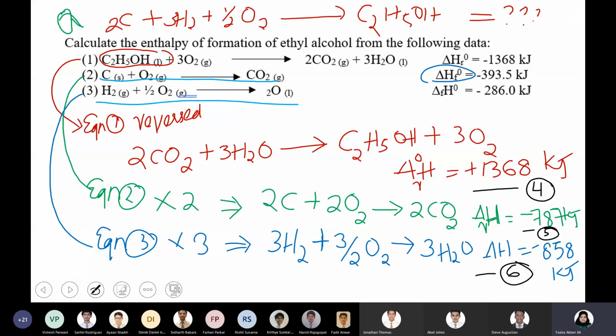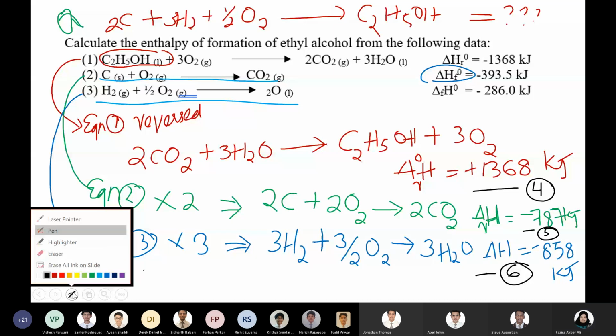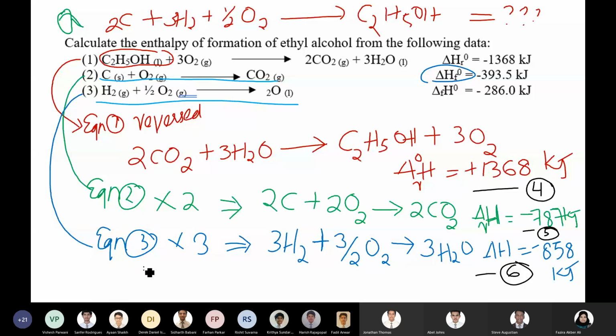Are you all getting it? If not, please let me know. I will write it and explain. Rishit, you got the answer? Rishit, are you there?